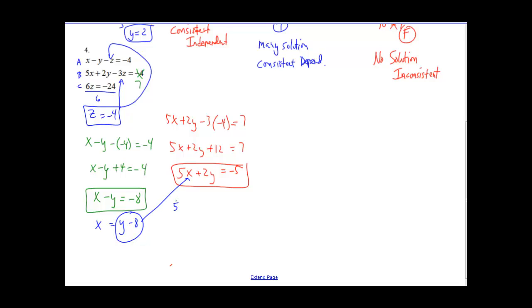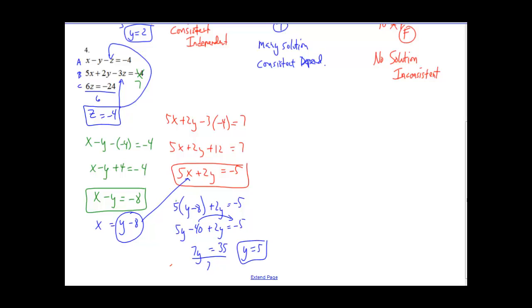So we're going to get 5 times (y minus 8) plus 2y equals negative 5. Distribute through and you get 5y minus 40 plus 2y equals negative 5. If we move the 40 over and add, we get 7y equals 35. Divide by 7, y equals 5.